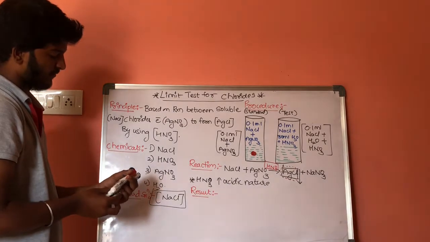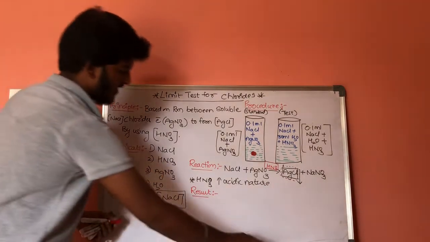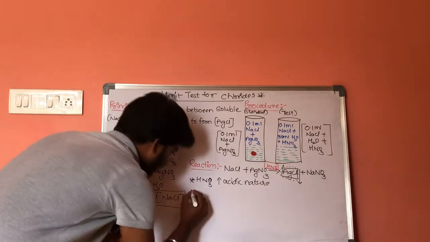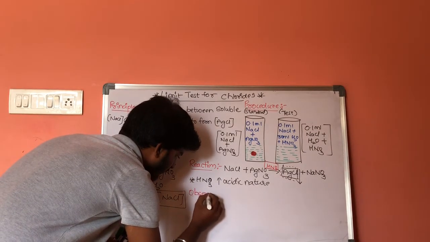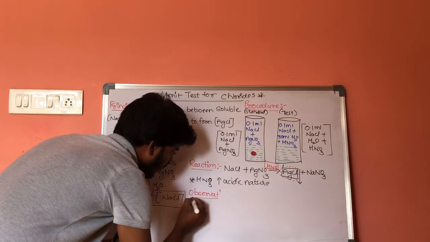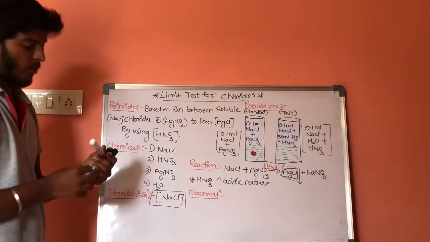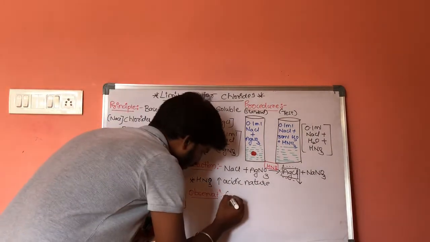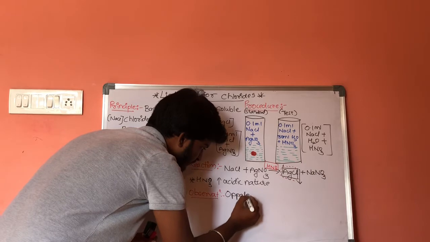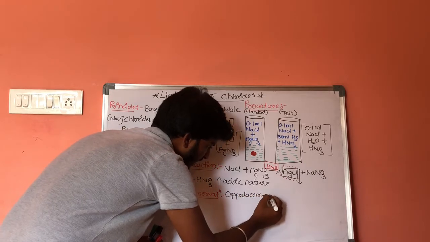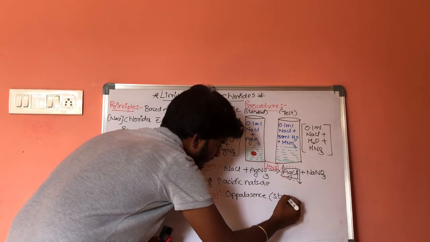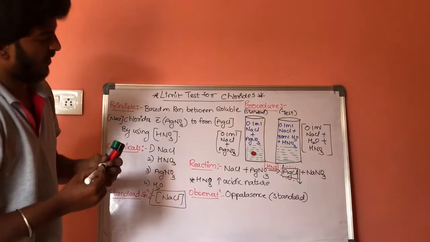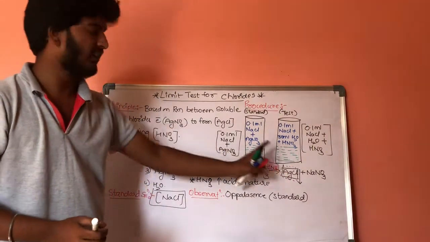Before discussing the result, we should discuss the observations. What we have observed is that opalescence is seen in the standard solution, whereas opalescence cannot be seen in the test solution.